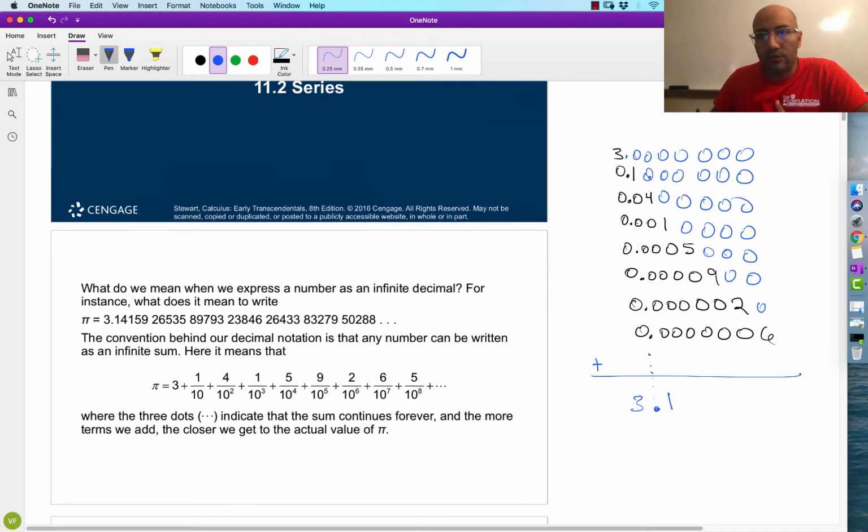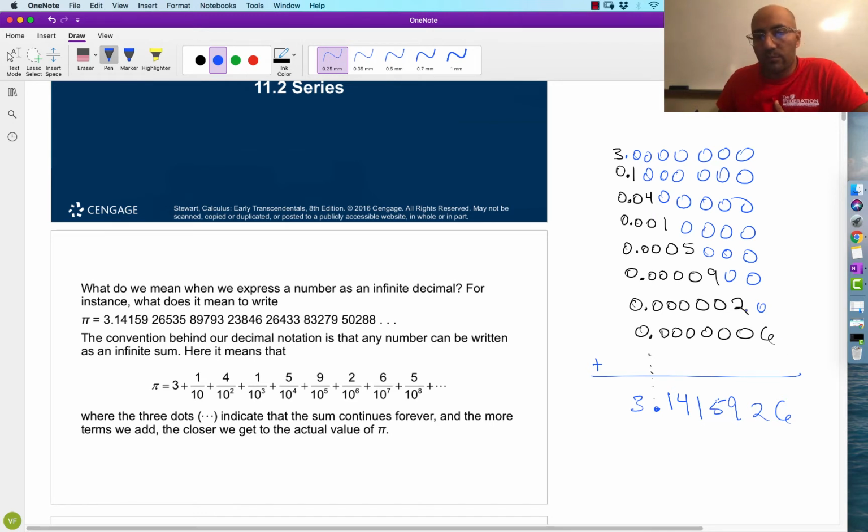And then 0, 0, and then there's a 4, and nothing below the 4 but 0, so that's where the 4 comes in. And then it's all zeros, and then a 1, and nothing below the 1 but zeros, so we put a 1 there. Then all zeros, then a 5, so we put a 5 there. All zeros, then a 9, so we put a 9 there, and then a 2, and then a 6, right? So that's where we begin the process of writing down the first few decimals.